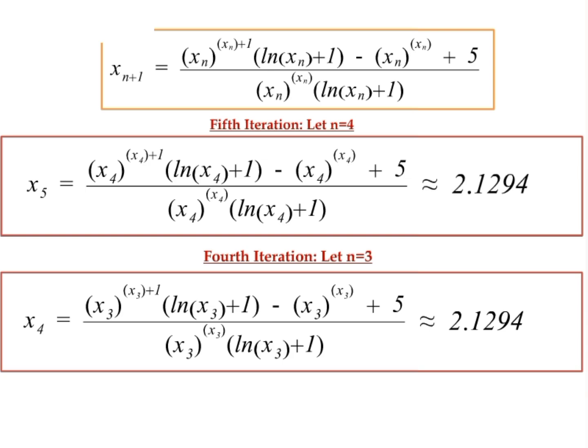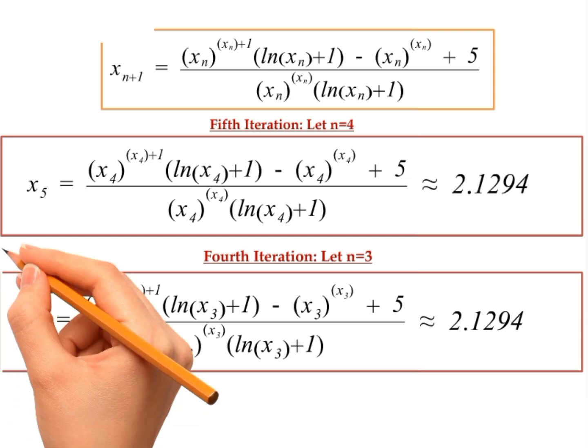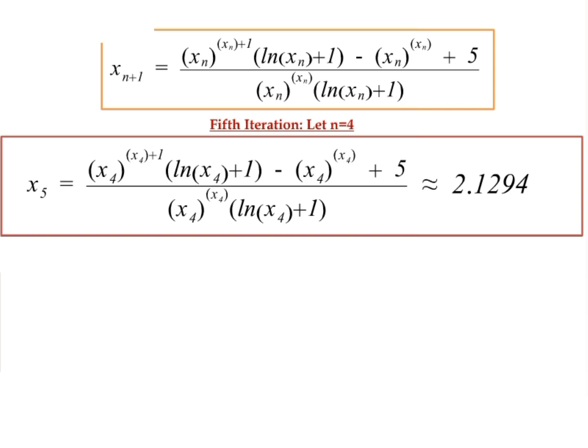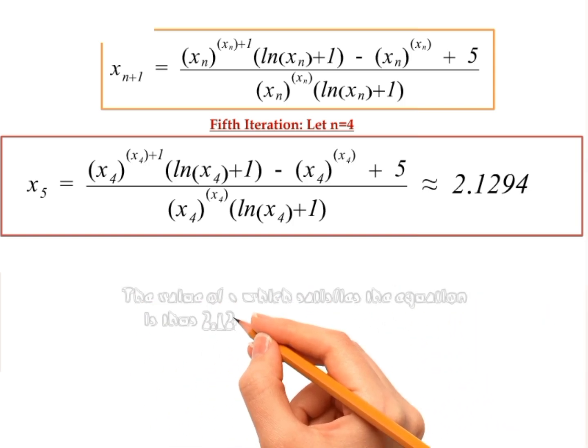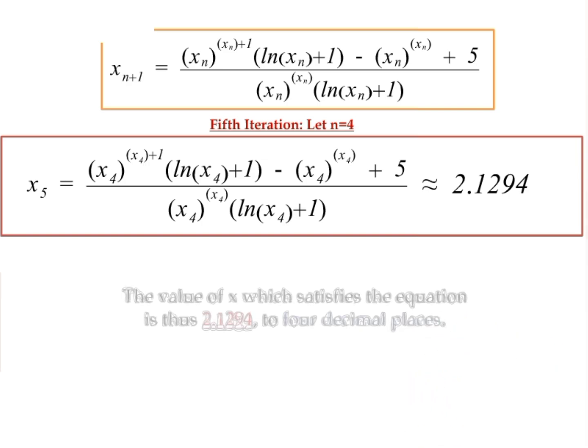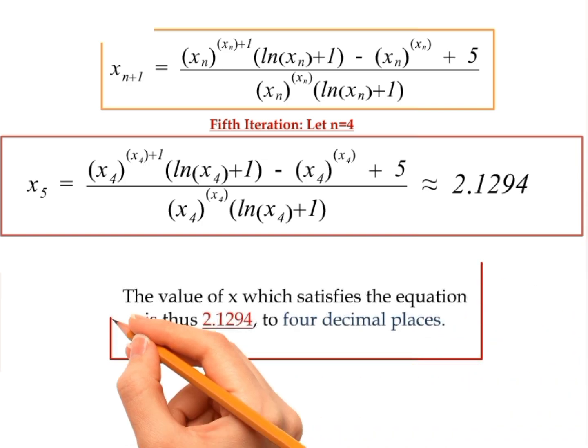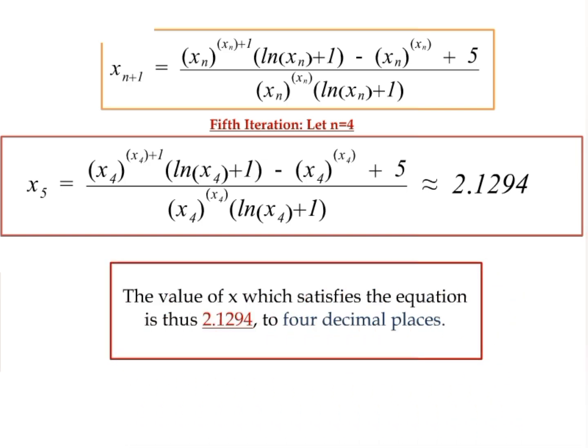Since the result of this fifth iteration is exactly what we have in the fourth iteration, we can be sure that further iteration will also have this result. Hence, we can conclude that the value of x that satisfies the function is 2.1294 to 4 decimal places.